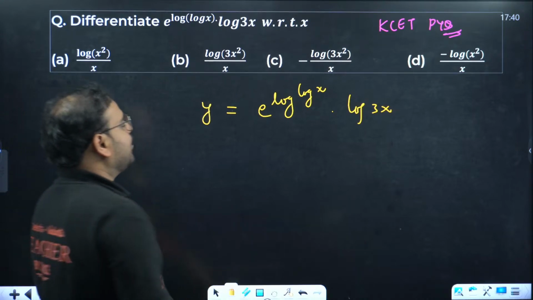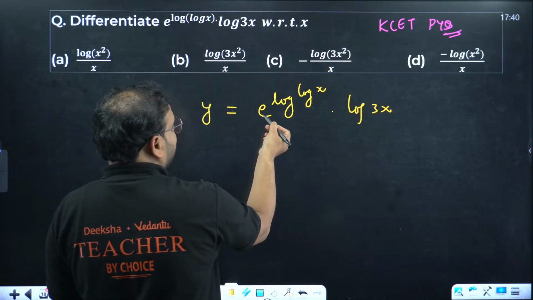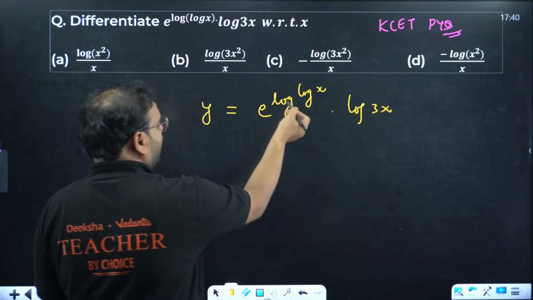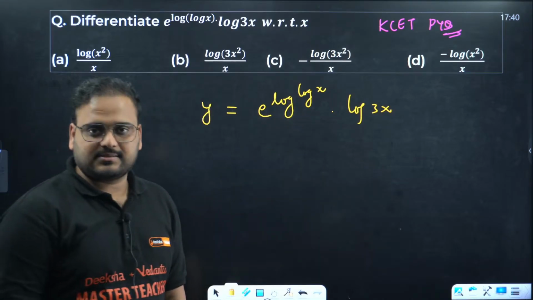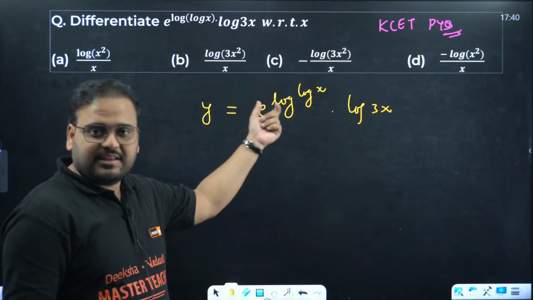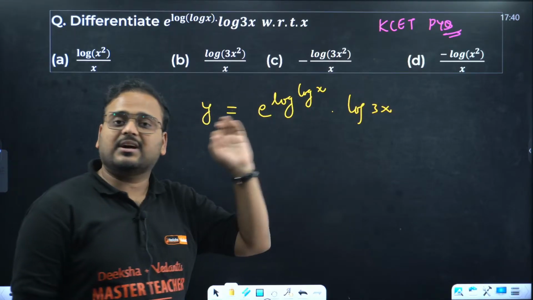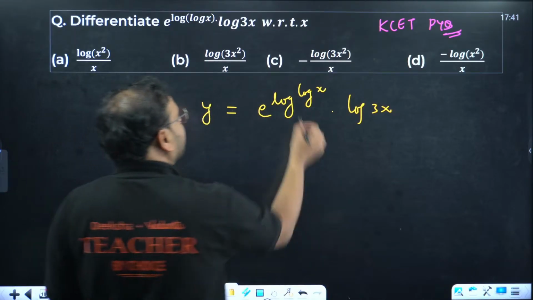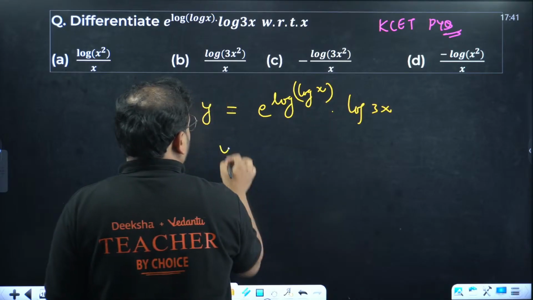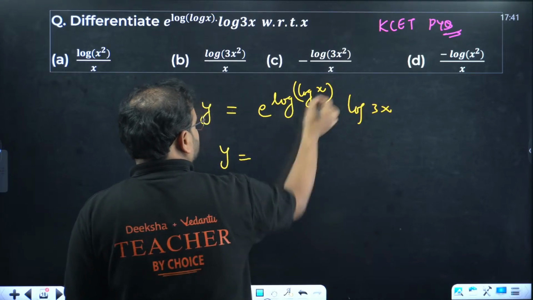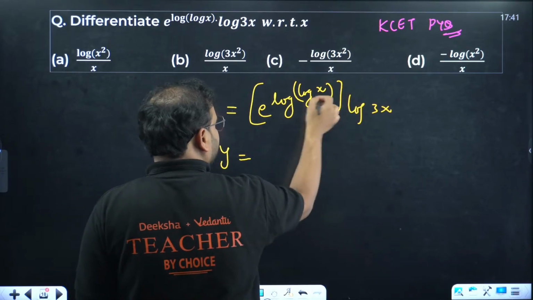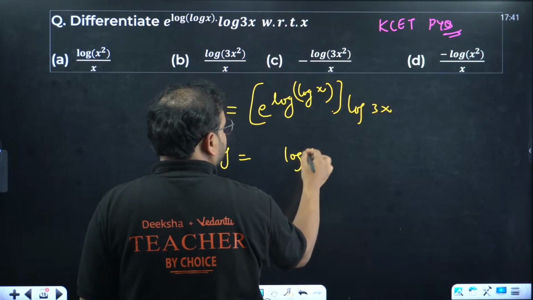Yes. Whenever you have e and log together with the same base, what happens? They vanish because they are inverse of each other. Exponential function and log function are inverse of each other. What is left now? Just this part. Only log x is left. How come?